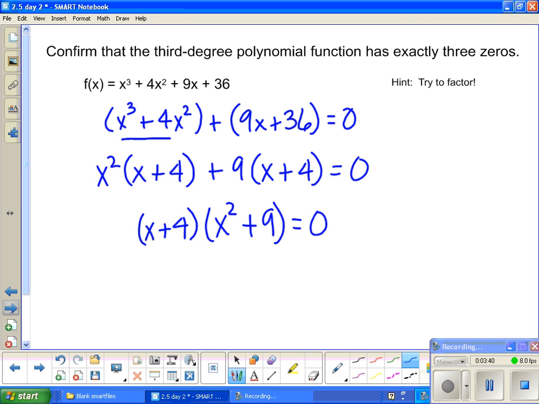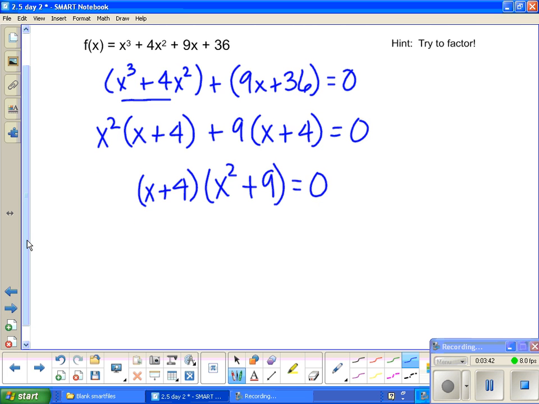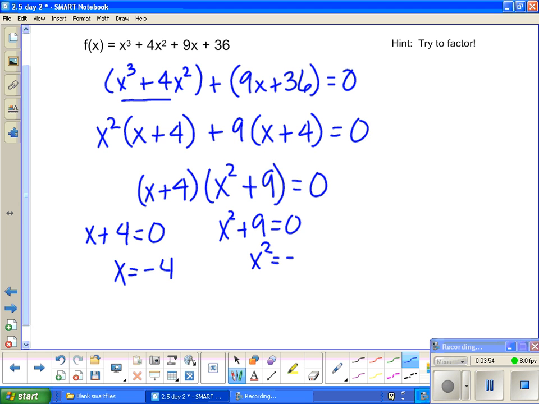Now, using zero product property, x plus 4 equals 0, x equals negative 4. x squared plus 9 equals 0, x squared equals negative 9, x equals plus or minus square root of negative 9, x equals plus or minus square root 9 is 3, and since it's negative, i.